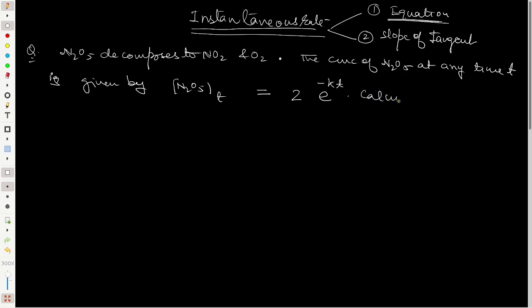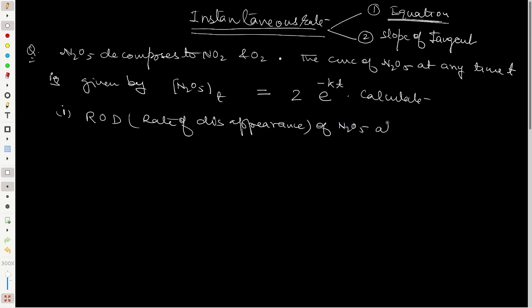Now calculate number 1, the rate of disappearance of N2O5 at 10 to the power 3 second.